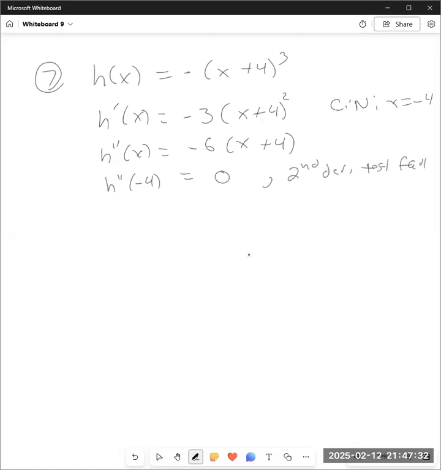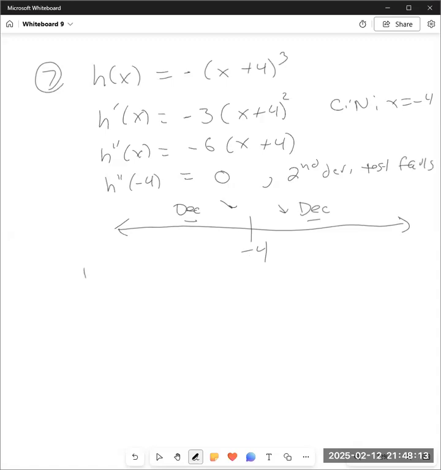Let's go back to the first derivative test here and see what happens at my critical number negative 4. To the left of negative 4, I have a negative squared as a positive times a negative as a negative, and I'm decreasing. To the right of negative 4, I have a positive squared as a positive times a negative as a negative, and I'm decreasing. Since there's no sign change, I'm decreasing, and I continue decreasing.